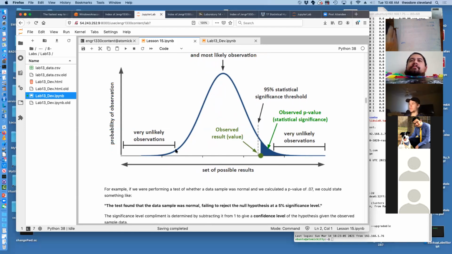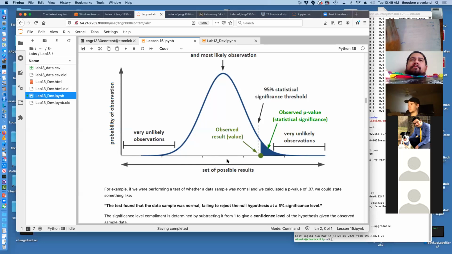Not impossible, but unlikely. So let's suppose we took 3 samples from this distribution, and the first one was right here. That's a pretty likely observation. The second one was here, and the third one was here. So we have 3 right here in the middle.